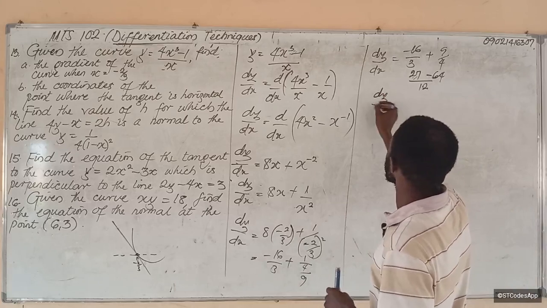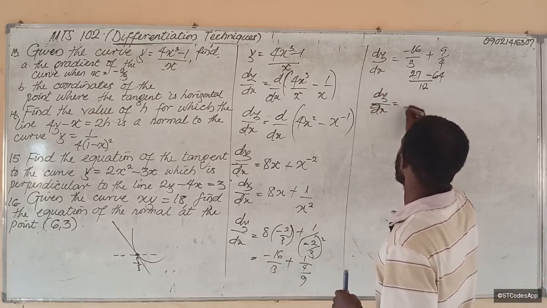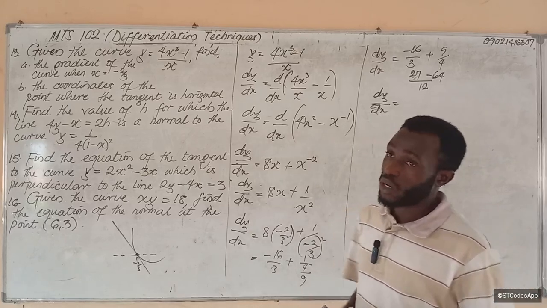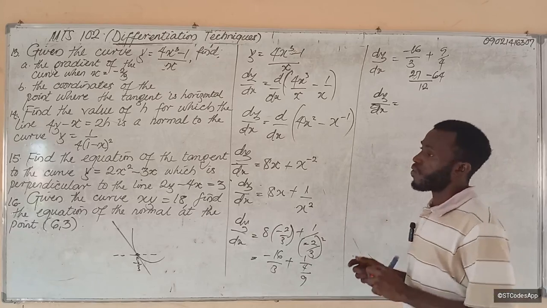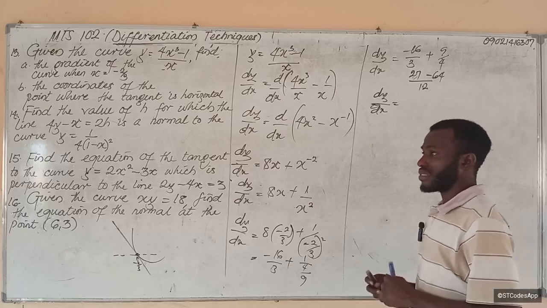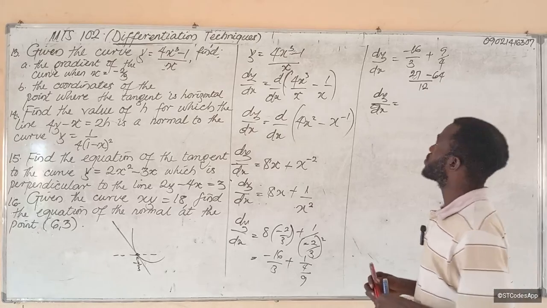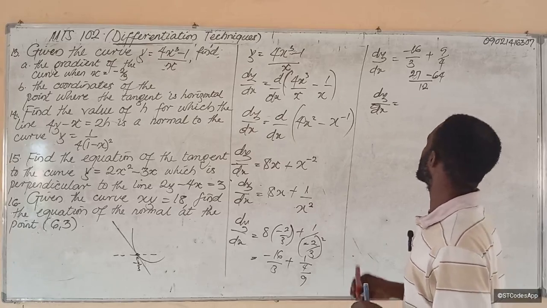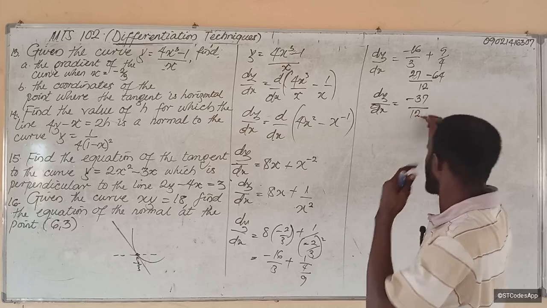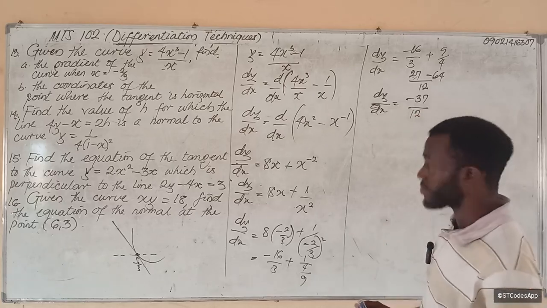Okay, so we have dy/dx equal to minus 27 plus 27 minus 64 will be 37. So the negative 37 over 12. Okay?